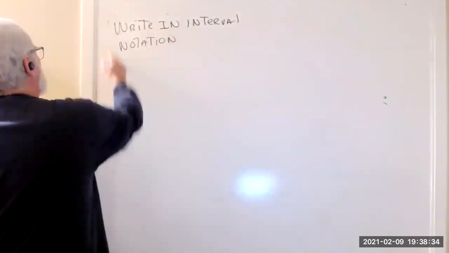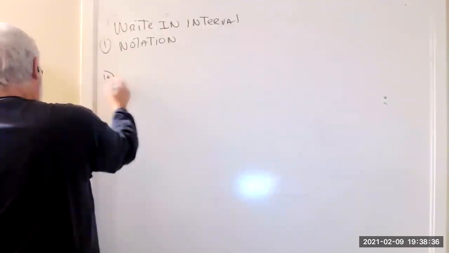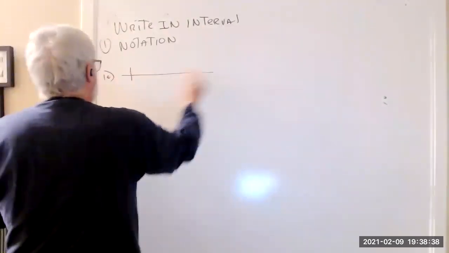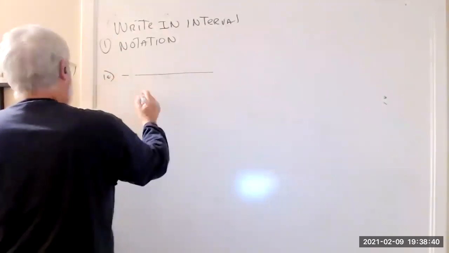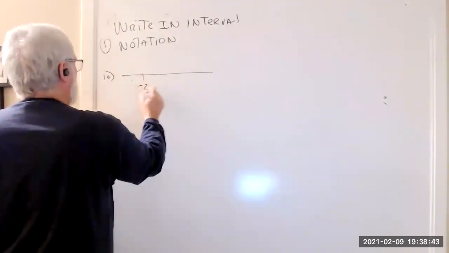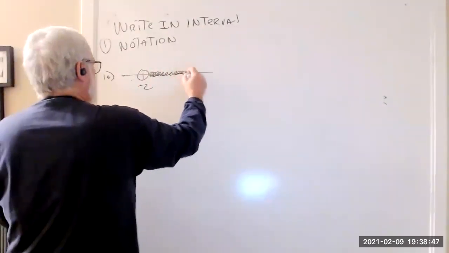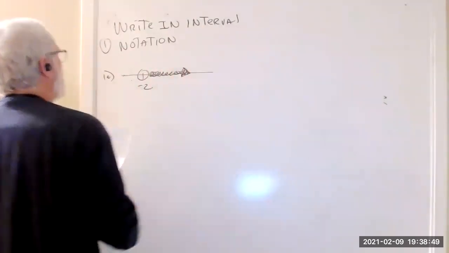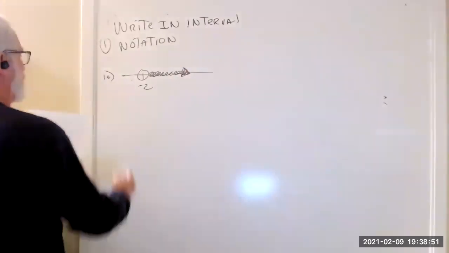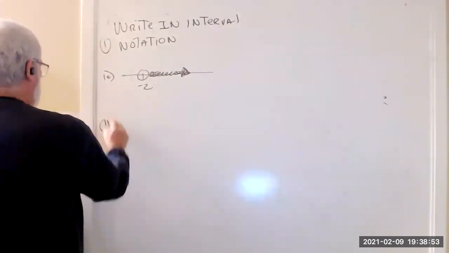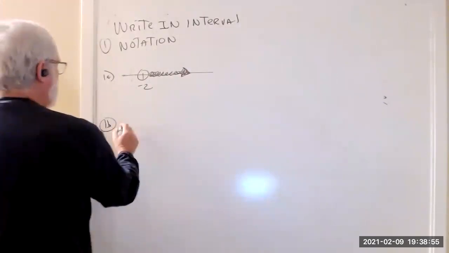Okay, we'll call this number 1. So 1a. If you had this graph, and it looks something like that with shading. Could you write it in interval notation? 1b, don't shout it out. I want people to work on it.